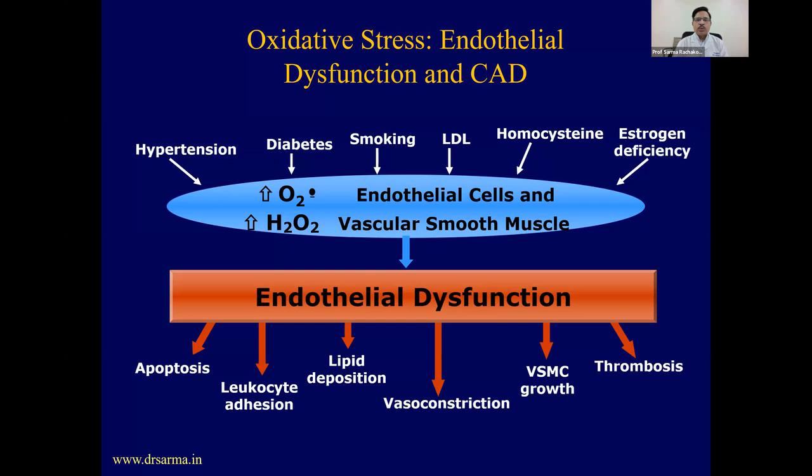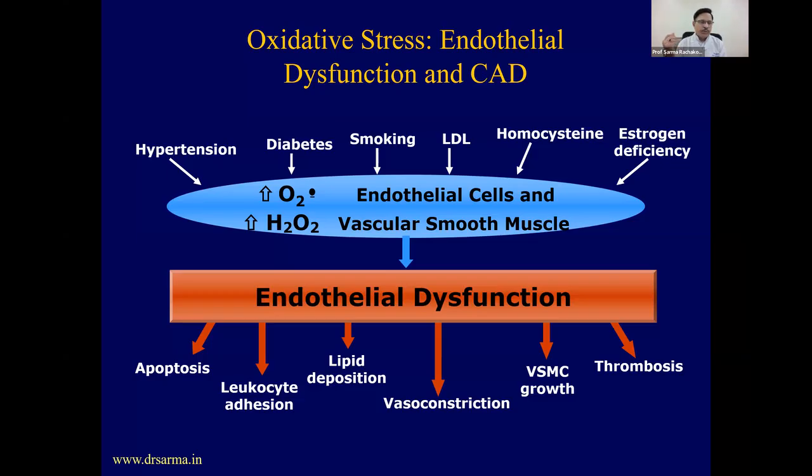How is that H2O2 mitigated? H2O2 is absorbed by the NO, nitric oxide. So any free radicals, free oxygen, and H2O2 that is there is taken away by the NO, and then the risk is reduced. Supposing the excess of these free radicals, O2 and H2O2, are there, then the nitric oxide is not sufficient to neutralize the free radicals.